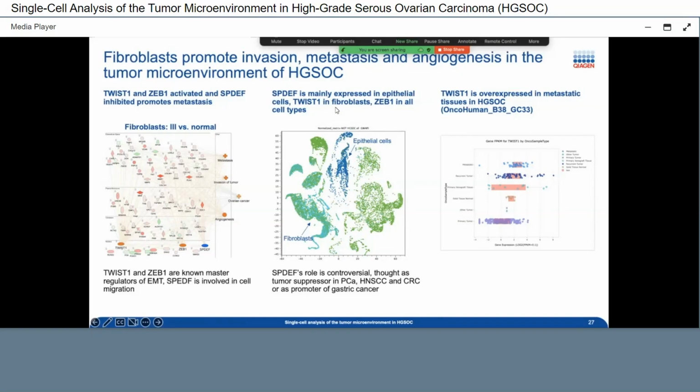ZEB1 and TWIST1 are expressed in fibroblasts and other immune cells. Basically, ZEB1 is a little bit more ubiquitous, TWIST1 is more in the fibroblast part here, and SPDF is uniquely in the epithelial cells.